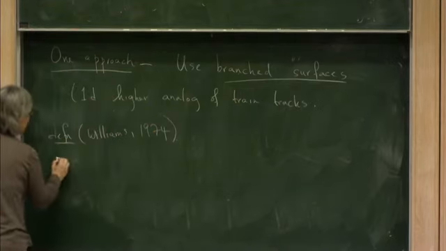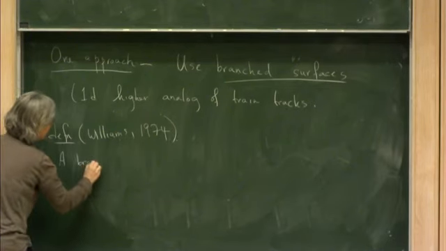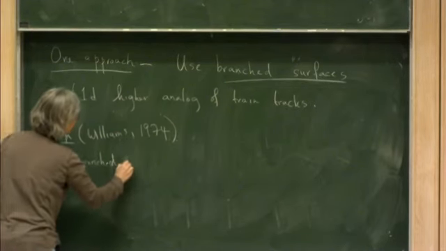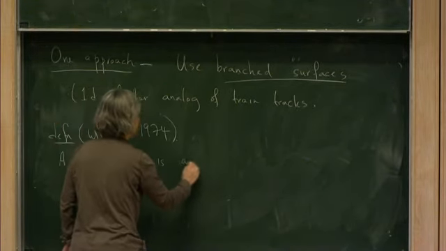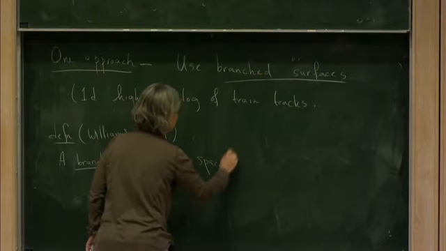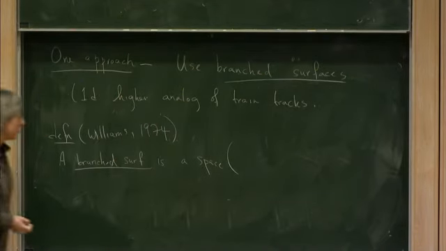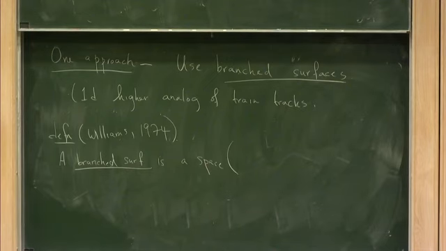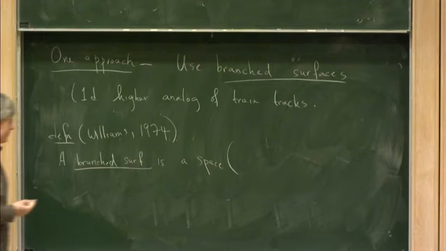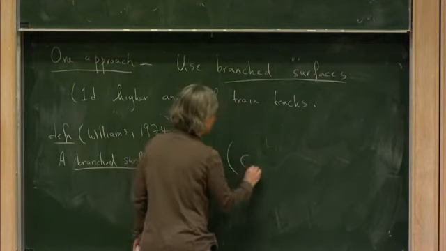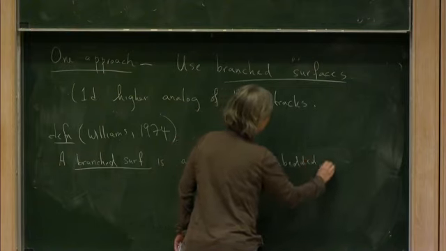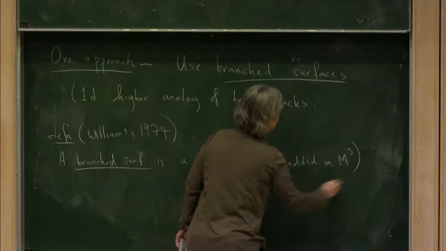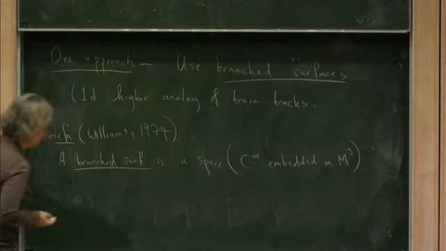Is that a branched surface is a space, and we can define things abstractly, but today when we talk about branched surface, we're talking about C infinity embedded in a manifold. So C infinity embedded in M, just for convenience, sort of easier maybe to visualize.